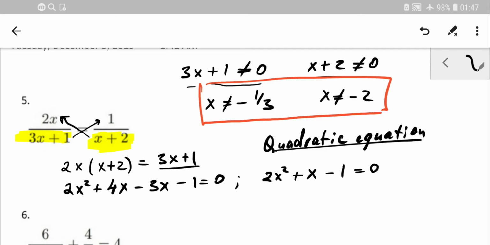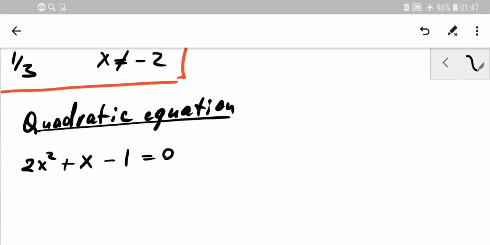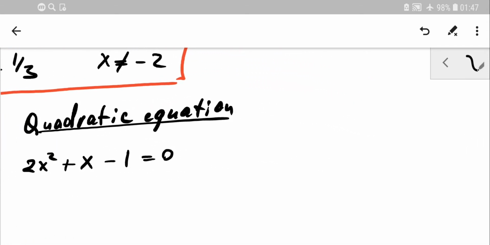So right now we resolved that fraction and came to a quadratic equation. Okay, so which method to use? You can try to factorize, or you can try to use the quadratic formula. Here I'll try to use factorization, and I simply make a sketch of my possible factors.